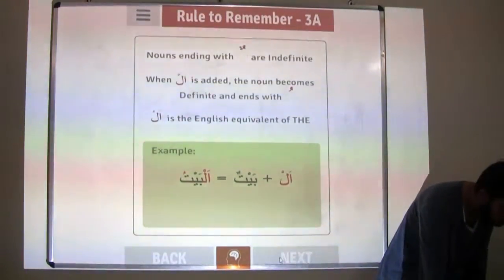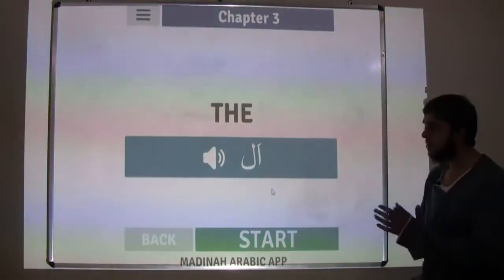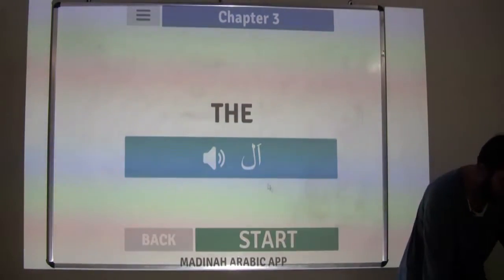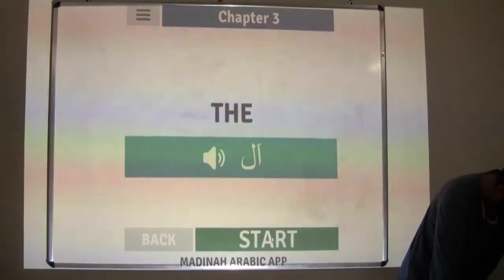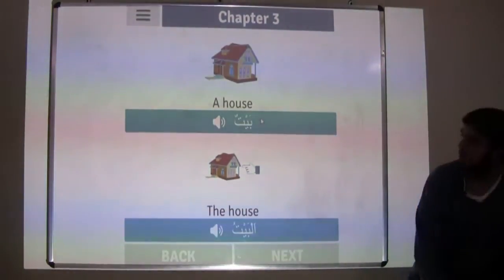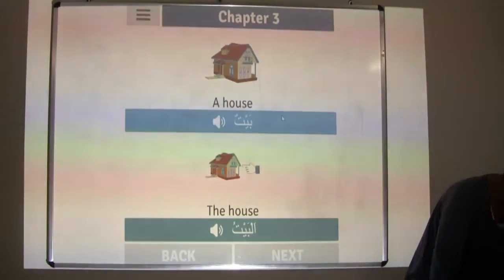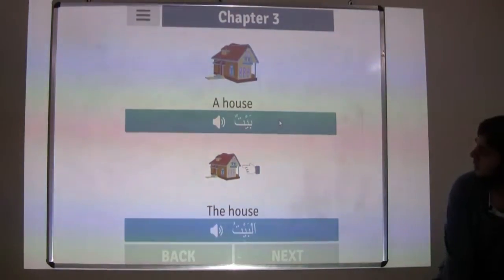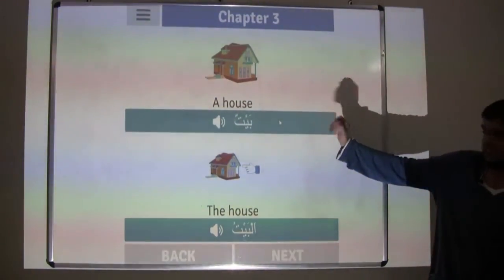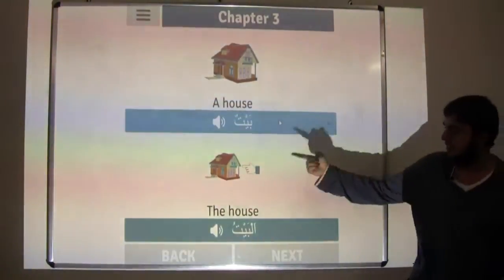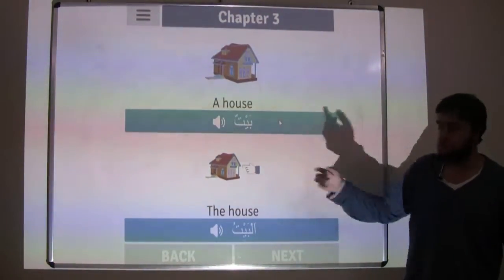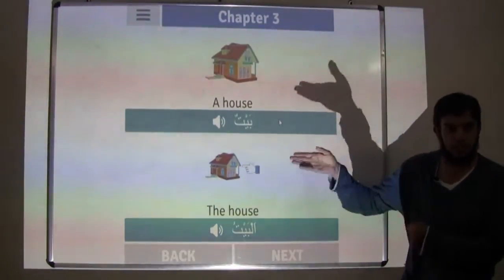Now some examples of how al works. As you can see in the picture, baitun, a house. That's how it is translated. And a finger is pointing to that house. So it's showing that it's something definite.